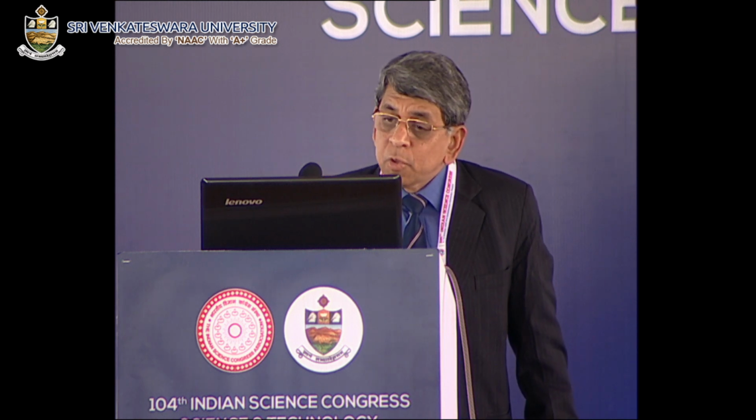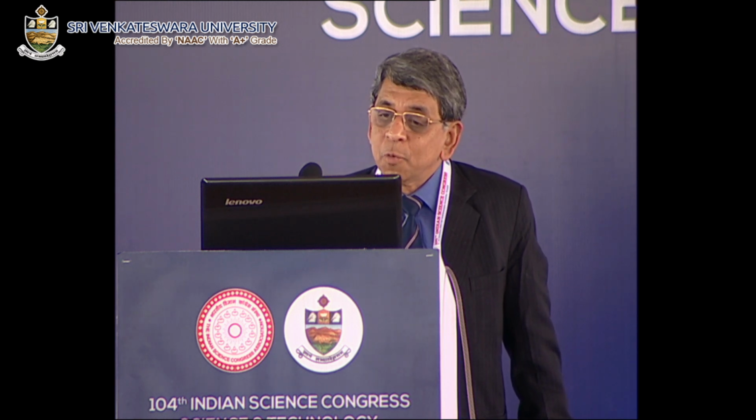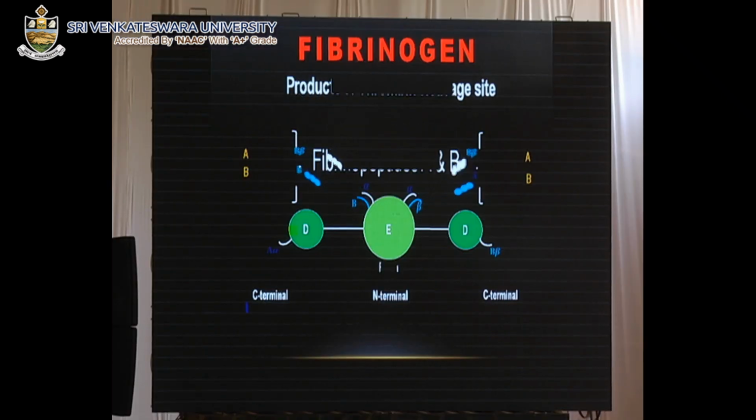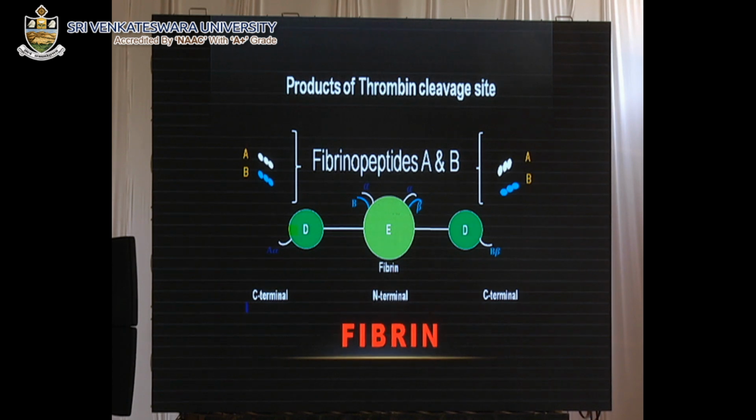But once fibrinogen is exposed to thrombin, which is a clotting factor, you see that this fibrinogen cuts fibrinopeptides and fibrinogen is converted to fibrin. Fibrin is insoluble. Fibrin is the clot. It is insoluble. It blocks the artery, it blocks the vein.